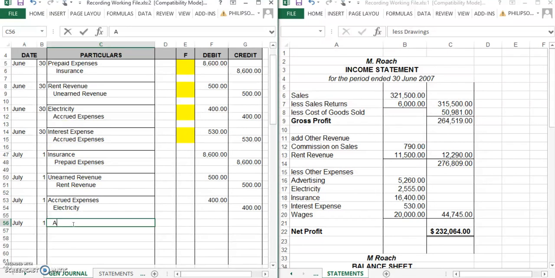So we want accrued expenses 530, 530 in the debit, and this is interest expense. Now I need to go back and fix up that formatting.